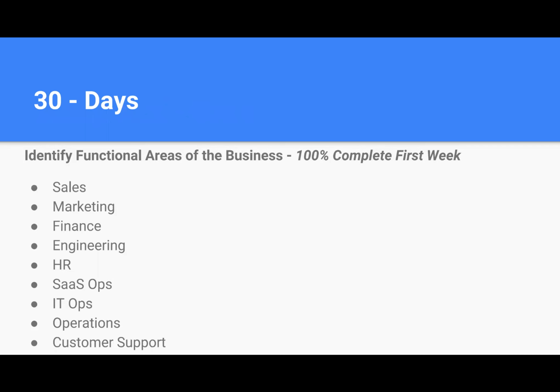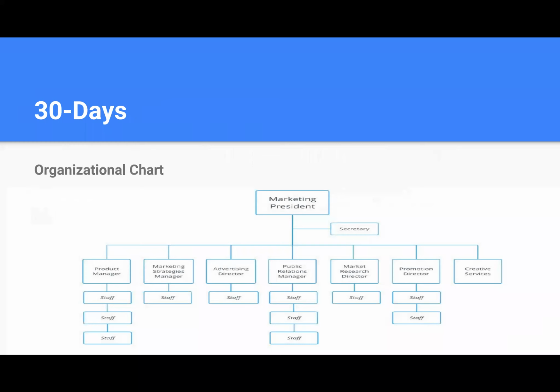Generally, someone from my team would get with HR, the person that heads up that team, to understand the different functional areas of business, and would more than likely do that by obtaining an organizational chart.